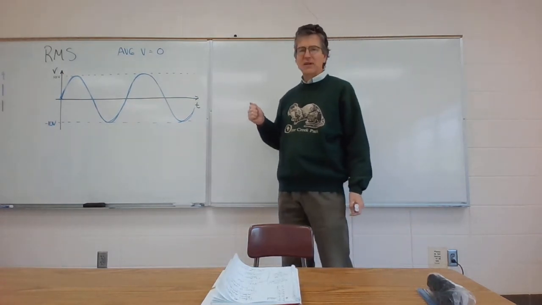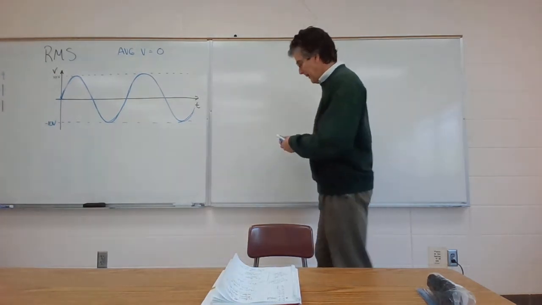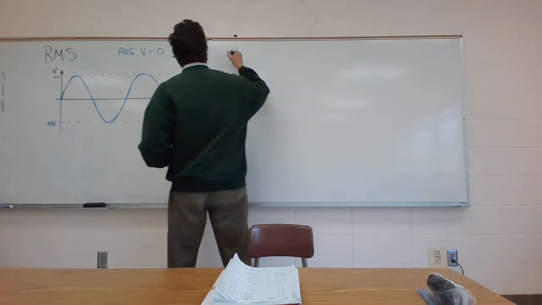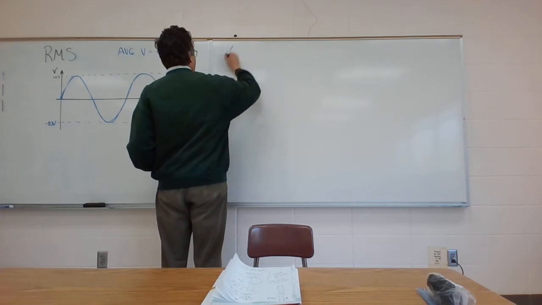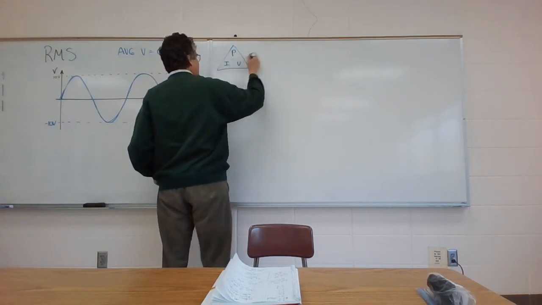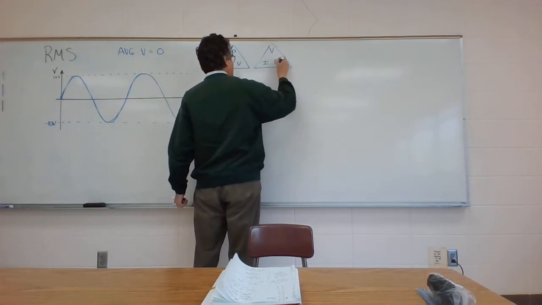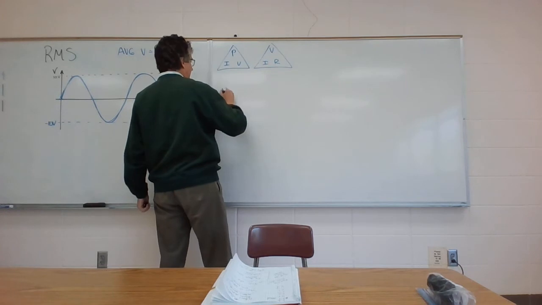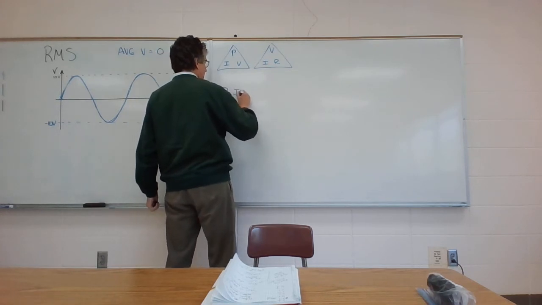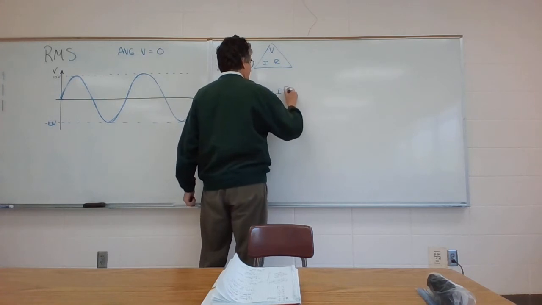So this is where we get the RMS, because the fact is that power, if we remember from the triangles, is current times voltage, and then the other triangle is voltage is current times resistance. So power equals IV, and V equals IR.